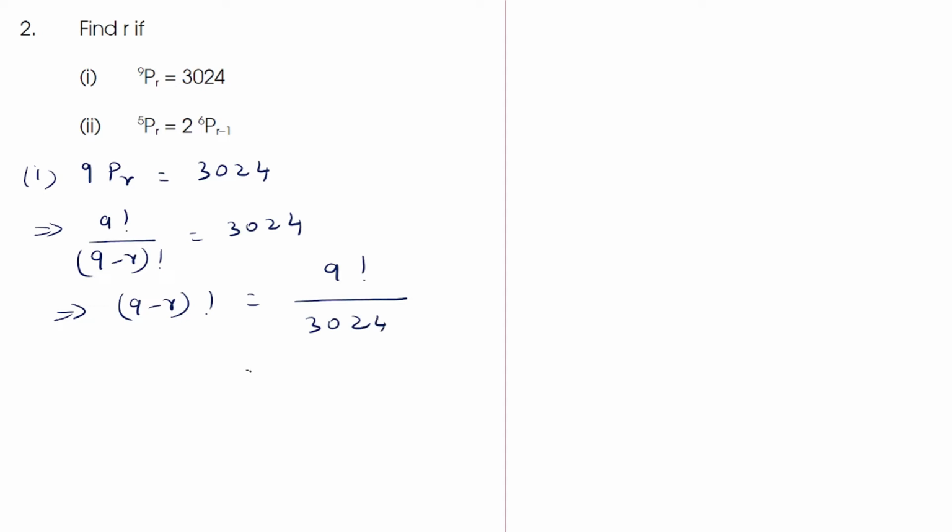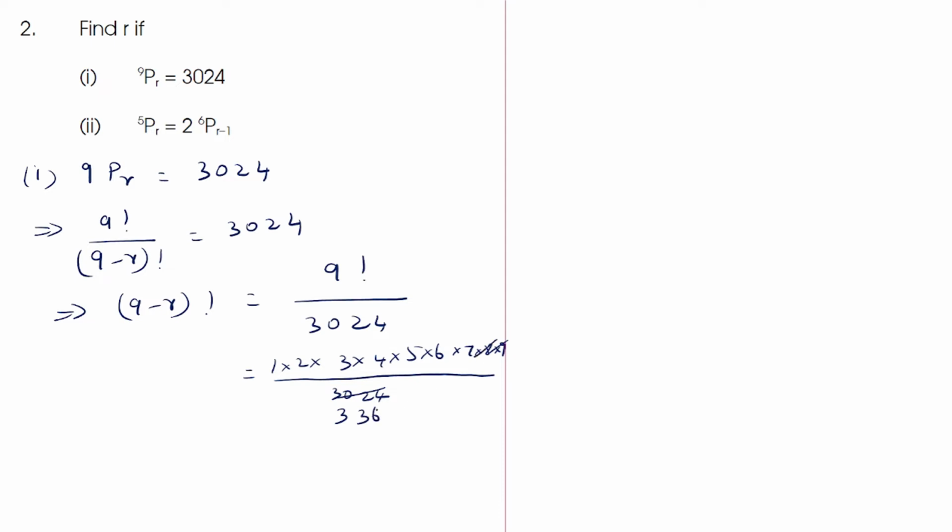Now 9 factorial we can write as 1 into 2 into 3 into 4 into 5 into 6 into 7 into 8 into 9 upon 3024. Now let us simplify from 9. So 3024 will go 336 times in 9.